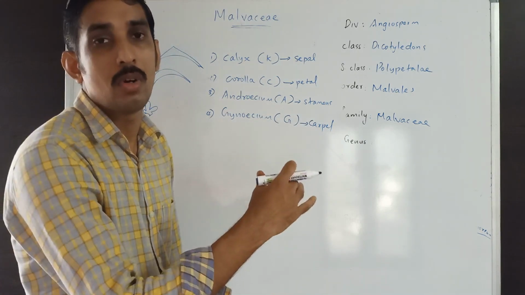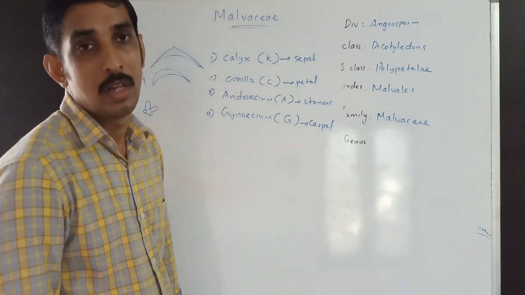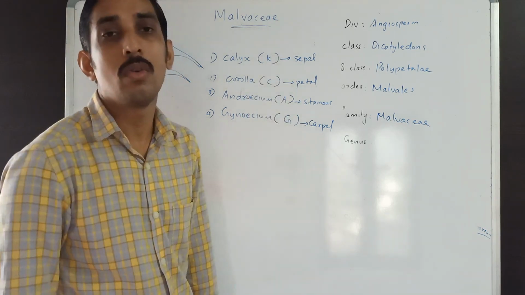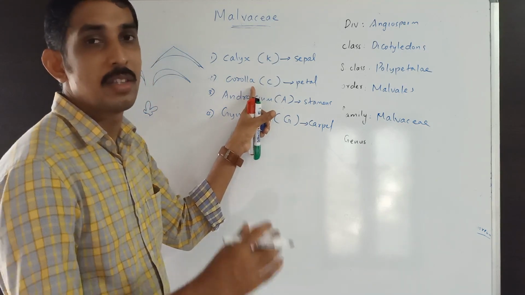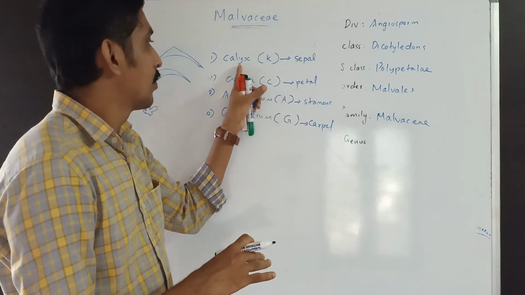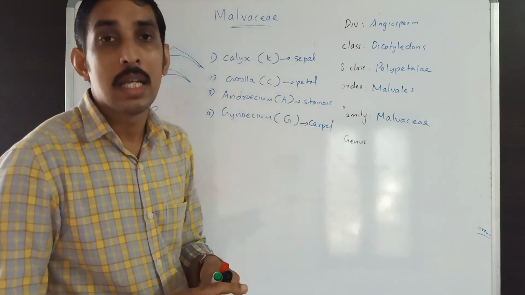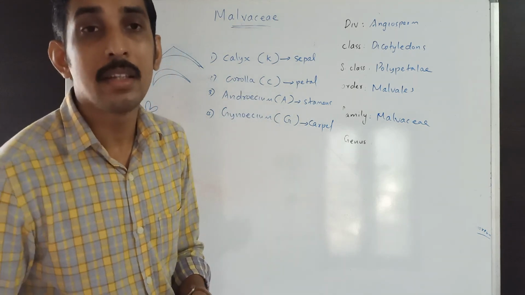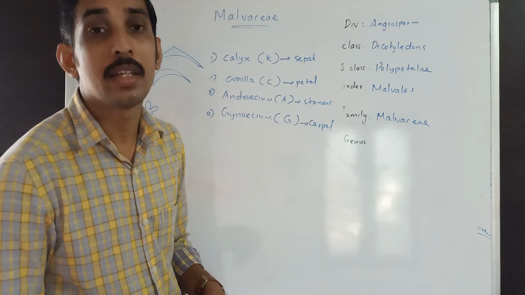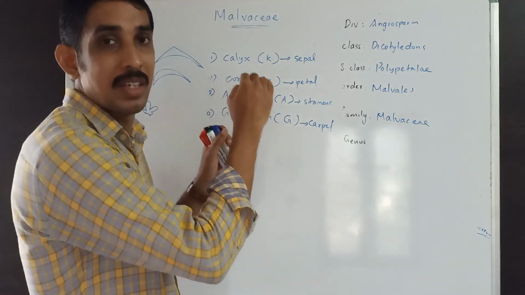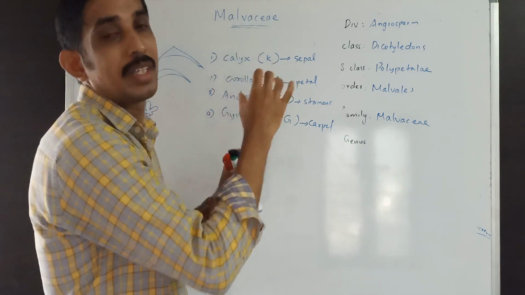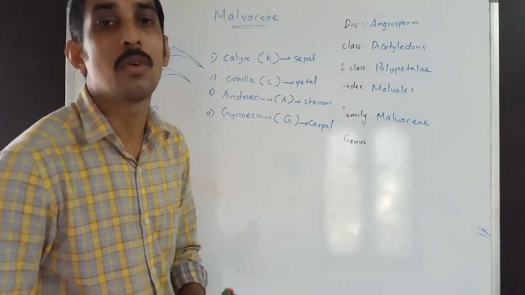That is why they are called essential whorls of a plant. But calyx and corolla are called non-essential whorls. We know that the main function of calyx is to protect the flower in the bud state, whereas the corolla helps in attracting the pollinating agent, thereby helping sexual reproduction indirectly. Even though their functions are like that, both calyx and corolla are considered non-essential whorls.